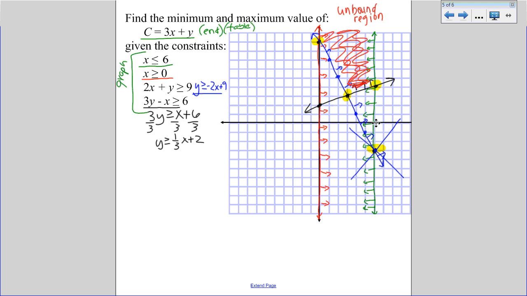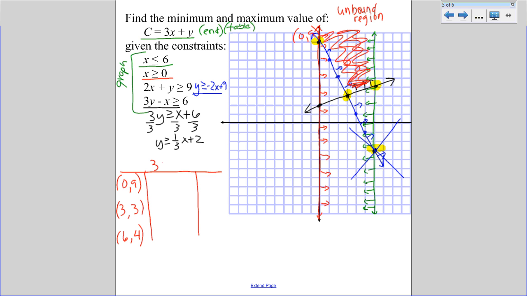So I'm only going to have 3 of them to test. I need to name those ordered pairs, so I'm going to start from left and work to right. This is the ordered pair 0, 9. This is the ordered pair 3, 3. And then this is the ordered pair 1, 2, 3, 4, 5, 6, and 1, 2, 3, 4. So we have 6, 4.